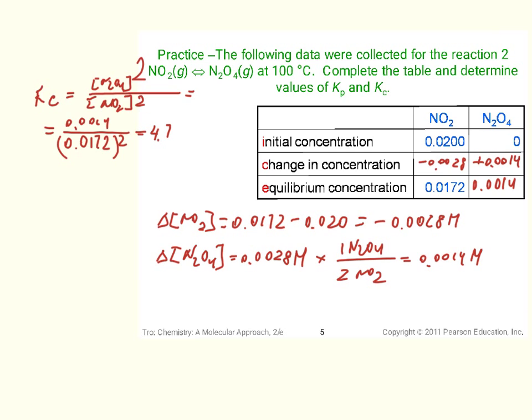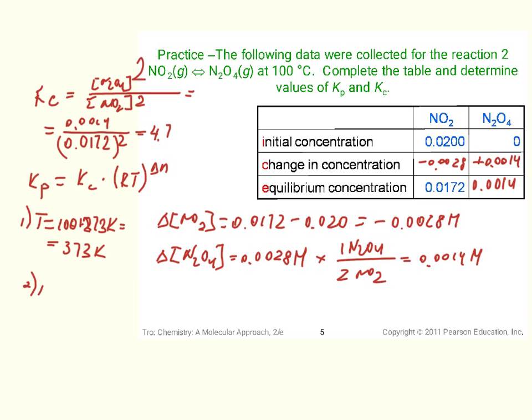But we also need to find Kp. Kp has the expression Kc times RT to the power delta n. Two preliminary steps have to be taken. First of all, convert temperature to kelvins, which is 100 plus 273, and this is 373 kelvins. The second step is to figure out what delta n is.